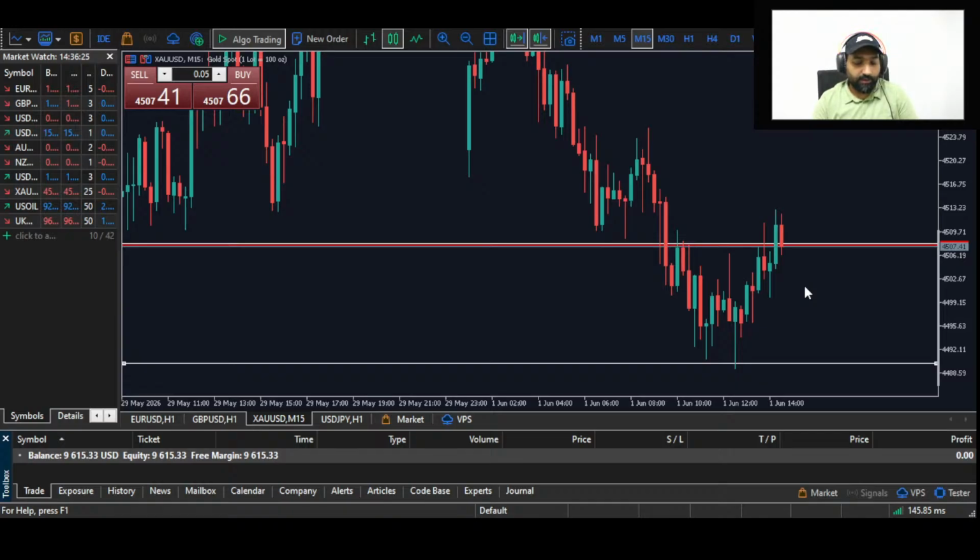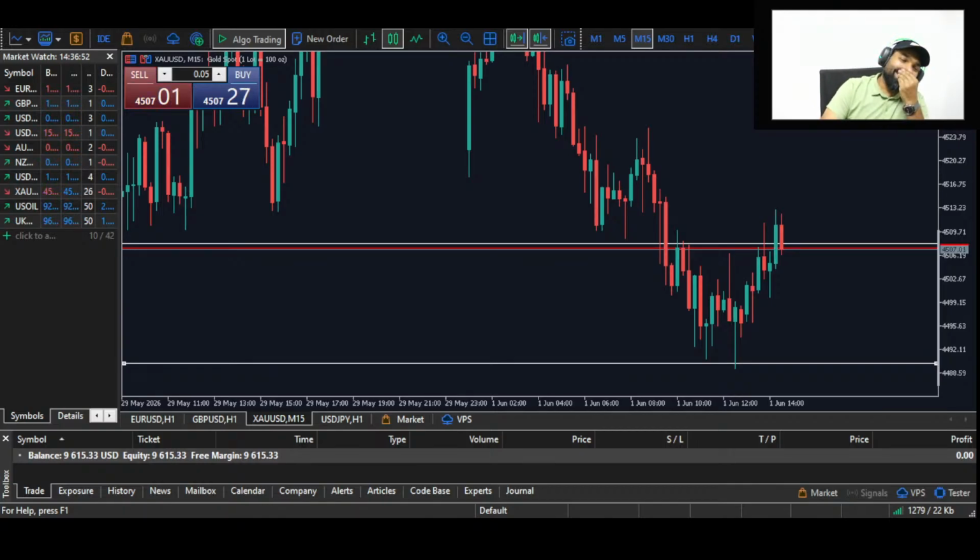We might give another chance to this trade. If that doesn't work out, I'm done for the day. I close the chart now. Yeah, that's what we're gonna do. Give it a go.